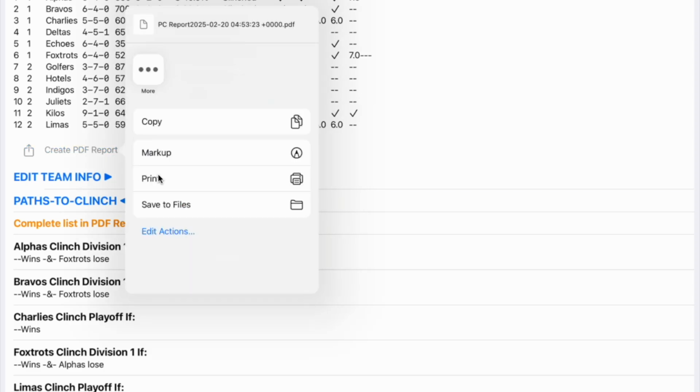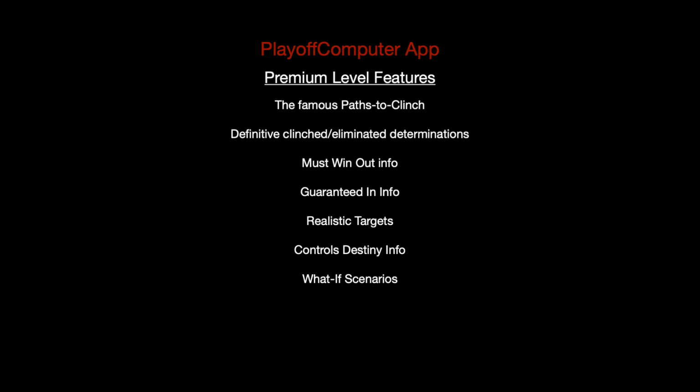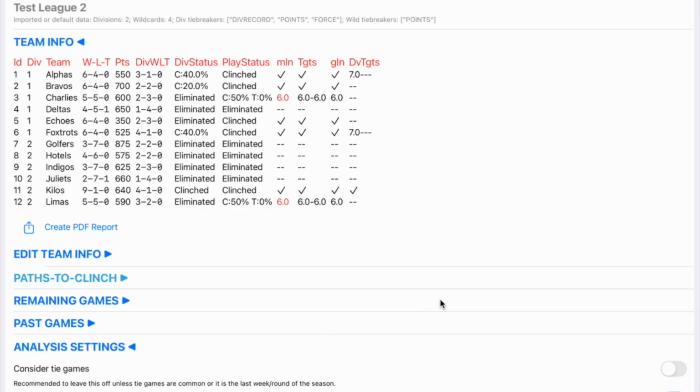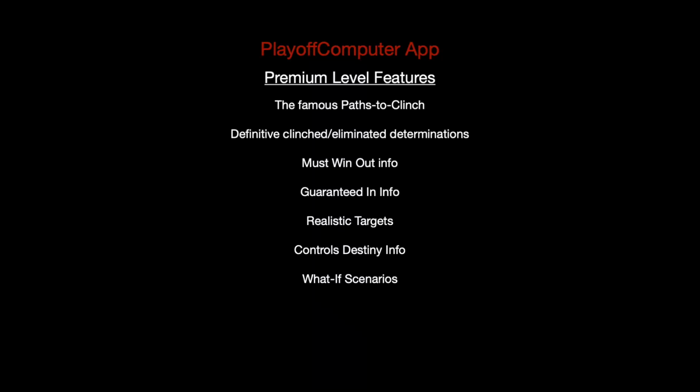Additionally, as part of the playoff race analysis, the app provides numbers for what is the minimum number of wins needed to have any chance at the playoffs, what number of wins would guarantee making the playoffs, and some computer-generated targets to aim for of what should give both realistic chances and be fairly safe to make it, with separate targets for winning the division, again if that applies.